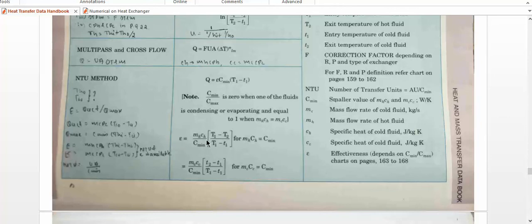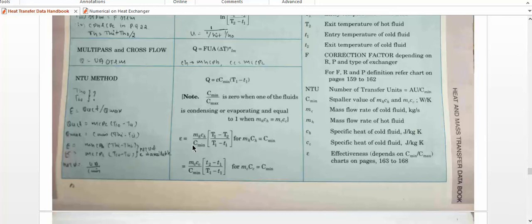So effectiveness is equal to m dot h Cph divided by C minimum, into bracket T1 minus T2 divided by T1 minus small t1. Here C minimum is nothing but m dot h Ch.